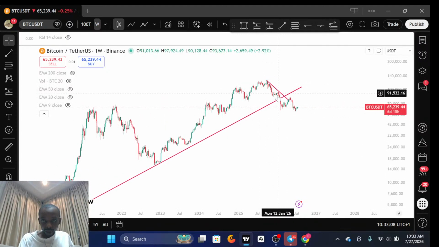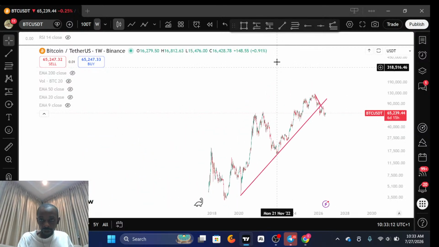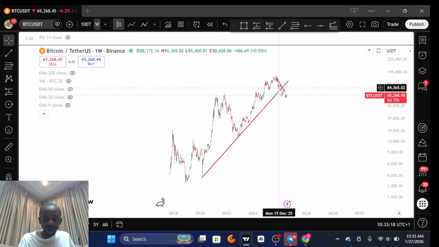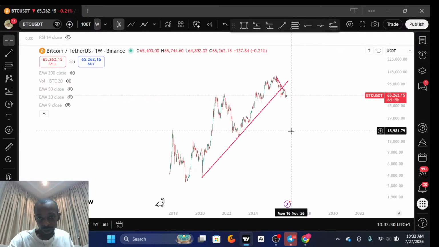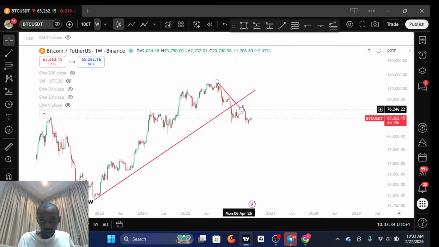The market is sitting upon a high support level. If this market is not stopped, there is a probability that it is going to come down to $20,000 or around $18,000 on this weekly time frame.